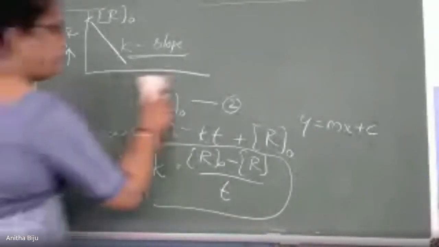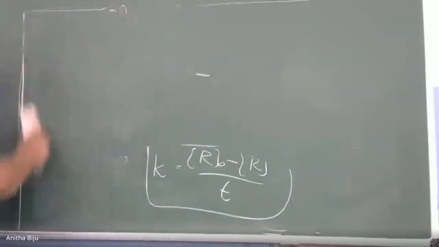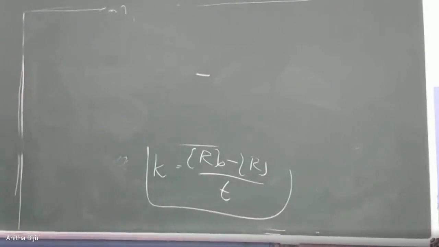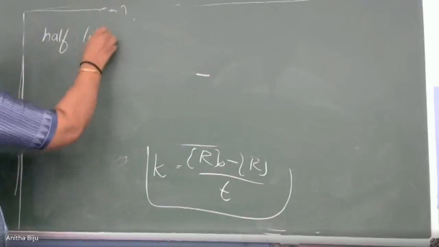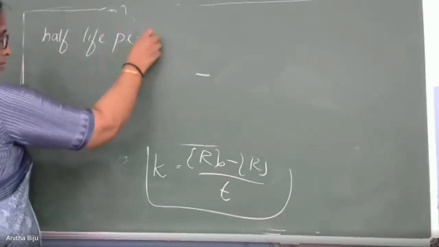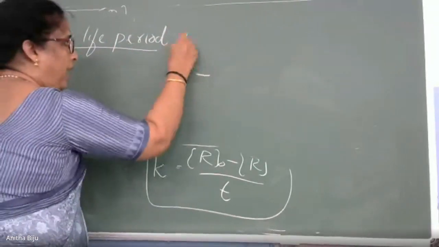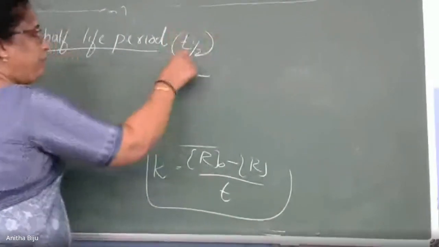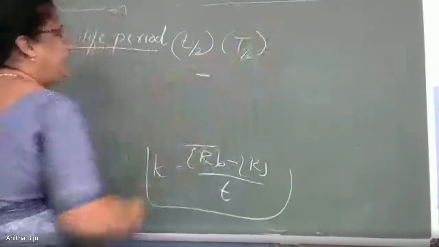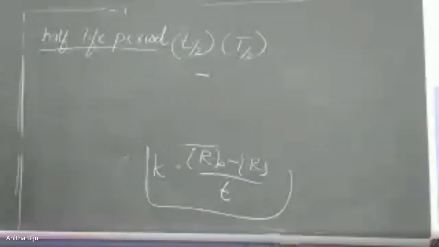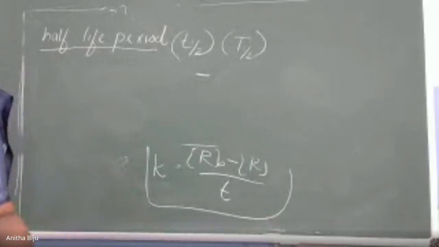So now I am going back to this particular equation. Here we have to discuss one more point: half-life period. It is represented by the symbol T half. We can't use T alone because T represents another property in physics.